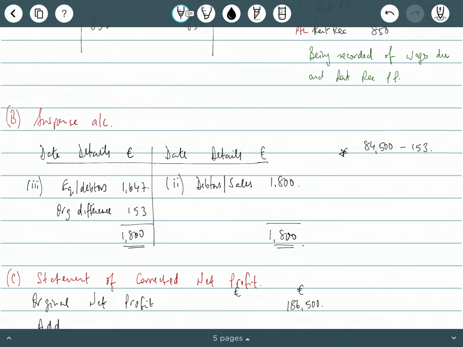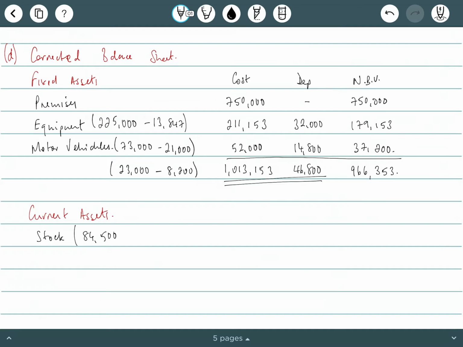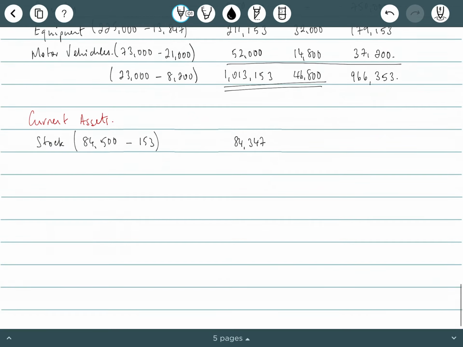And that'll bring it down to 84,347. So minus what was it, 153. Your stock there is 84,347. All right, now we can do our debtors.